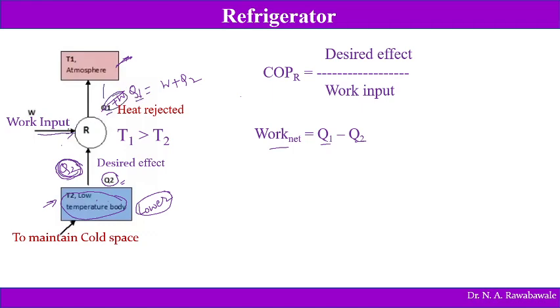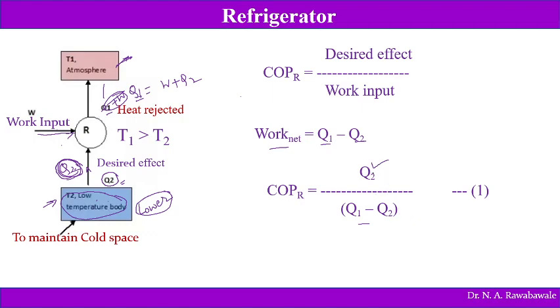Q1 is nothing but the sum of the work energy as well as the heat energy absorbed from a body at lower temperature. So net work done is Q1 minus Q2. So here COP is defined as desired effect, which is Q2 as we have defined, and net work input, which is Q1 minus Q2. So this is nothing but the COP of a refrigerator.